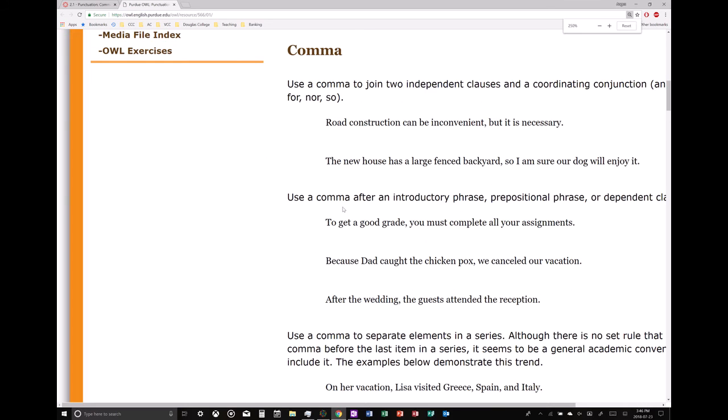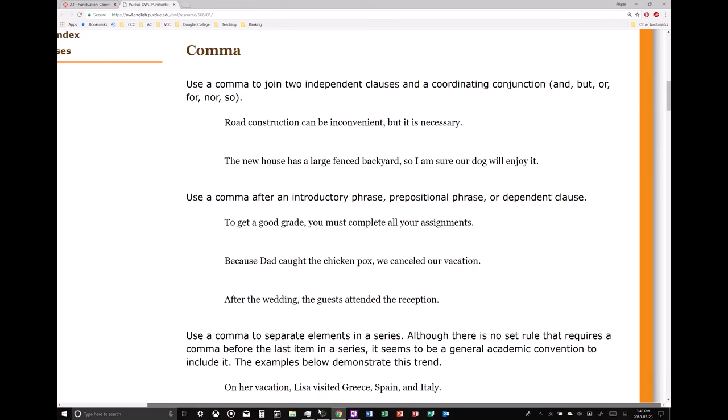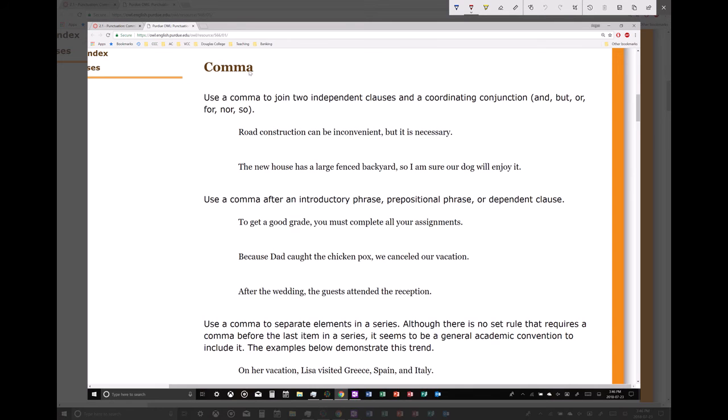Make it a little bigger. So here we're starting with commas, and so the first rule is use a comma to join 2 independent clauses. So that's why we needed to know what this word means with a coordinating conjunction. So we have examples right here.